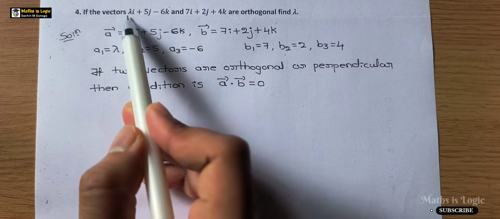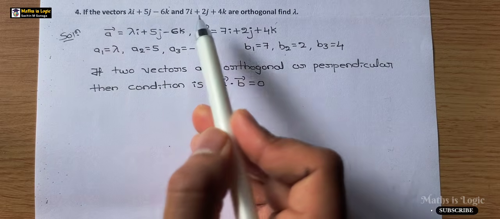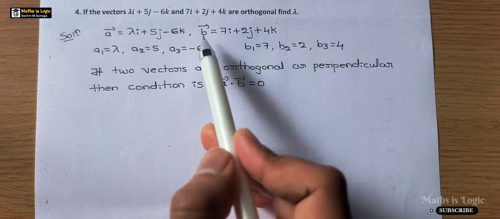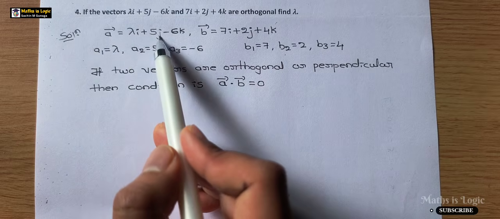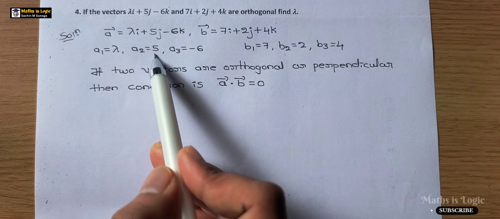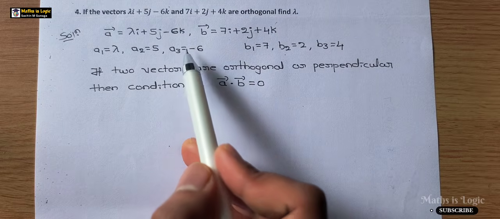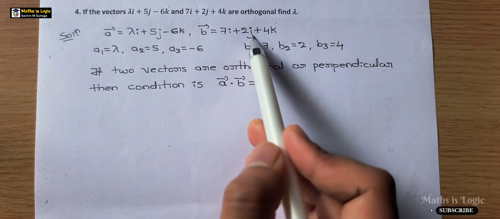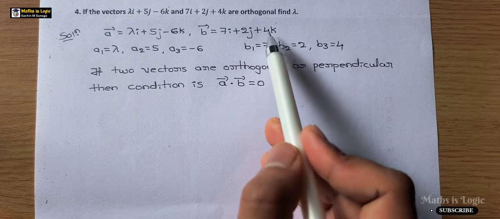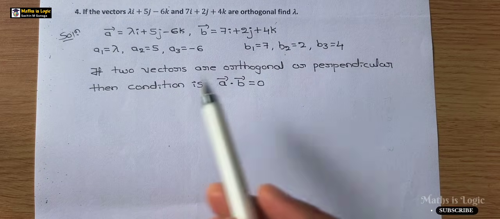So first consider this as a vector and this as b vector. Note down a1 value: i coefficient lambda, j coefficient 5, k coefficient minus 6. Similarly here, i coefficient 7, j coefficient 2, k coefficient 4.